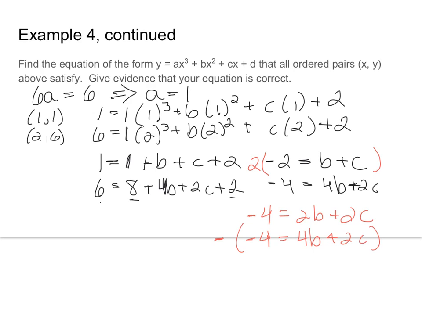So negative 4 minus negative 4 cancels. 2 minus 4 is negative 2. 2 minus 2, the c's canceled out. Divide by negative 2, divide by negative 2, b equals 0. Awesome.